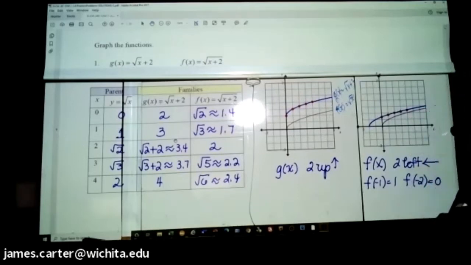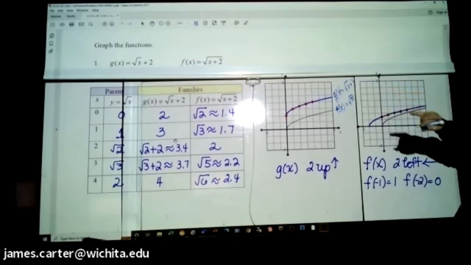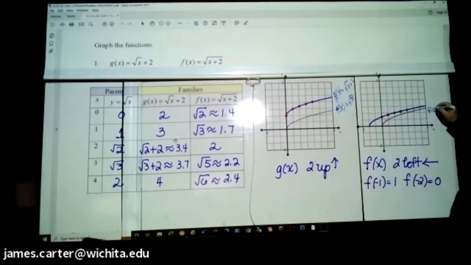Okay. Likewise over here, this time the 2 is under the radical, so that means it's going to shift it left or right. Once again, here's f of x equals square root of x. And then this one, I'm going to call it h of x equals square root, I'm running out of blackboard space, square root of x plus 2. Label them something like that, okay?